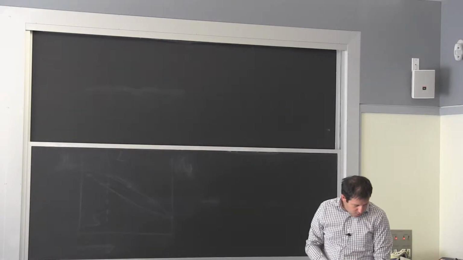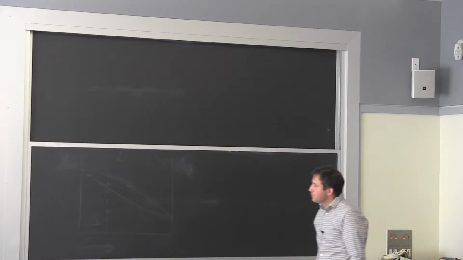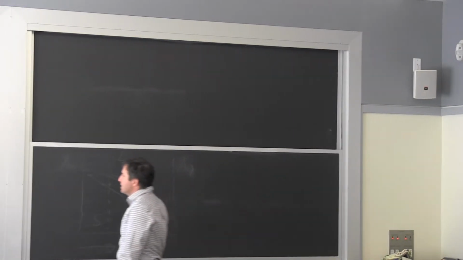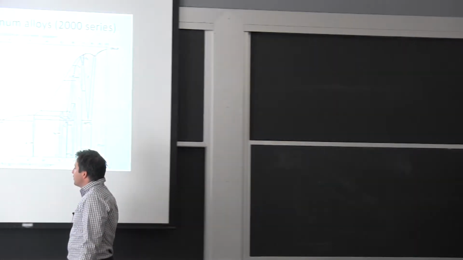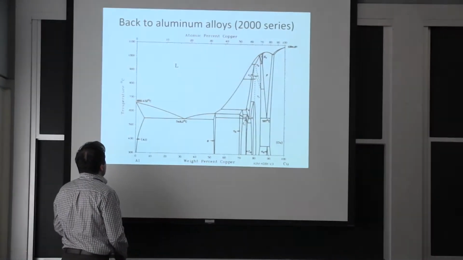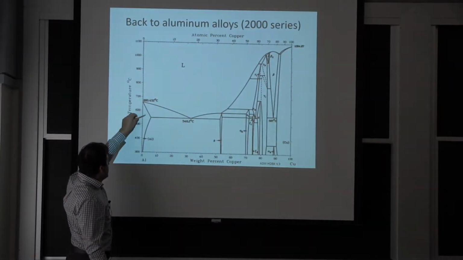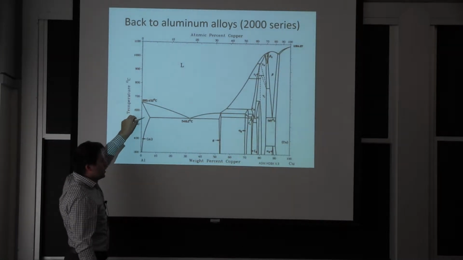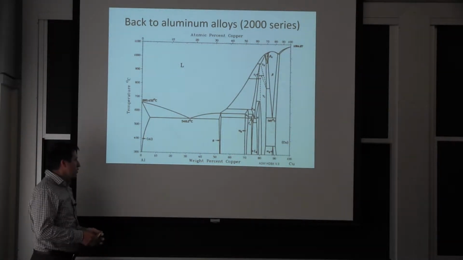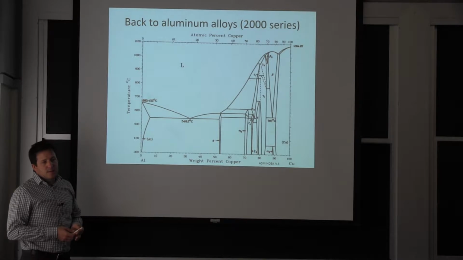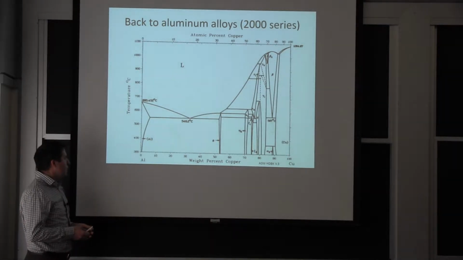If we go back to our aluminum alloy, I was mentioning yesterday about adding about 4% copper, and that's really where we were here. We were in a zone where it's all the equivalent of the aluminum structure, except that there is some copper in it.